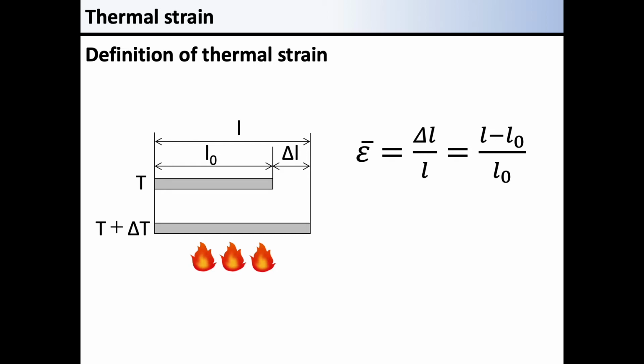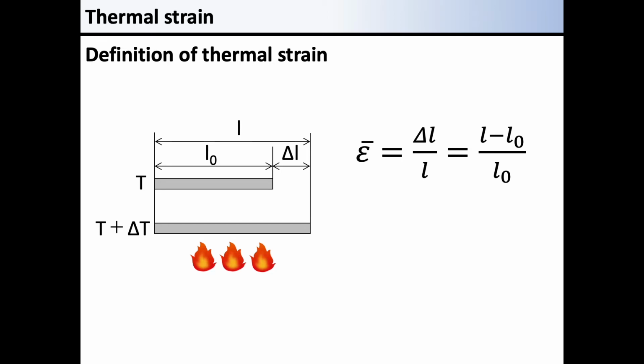So, deducting L0, original length, from L, final length, results in the elongation delta L. The delta L is the elongation due to the increase of temperature. Then, we define the thermal strain as the ratio of the elongation delta L to the original length L. The point is that this strain is caused by the temperature change.